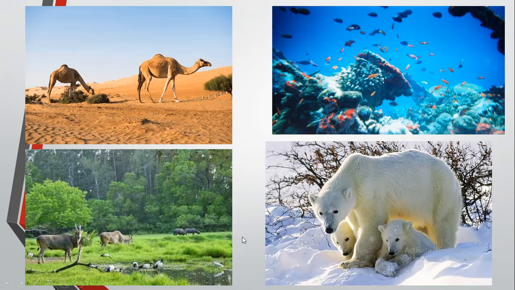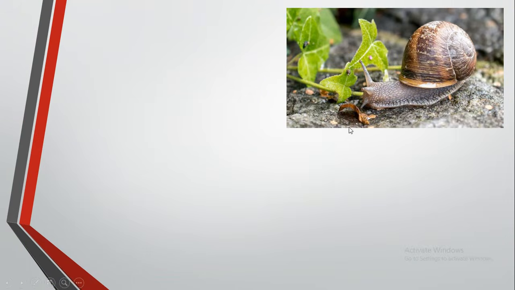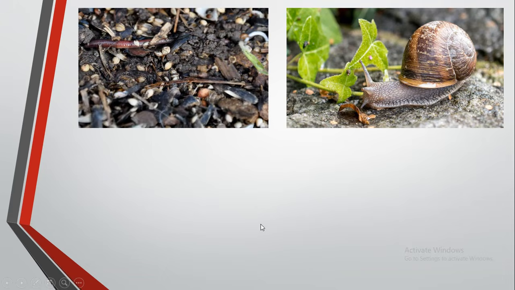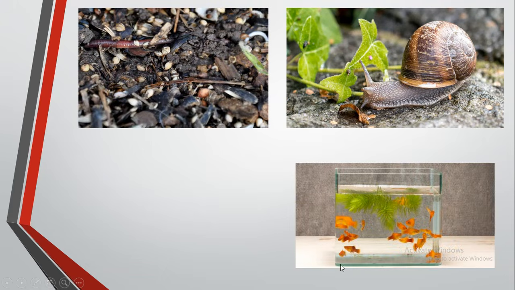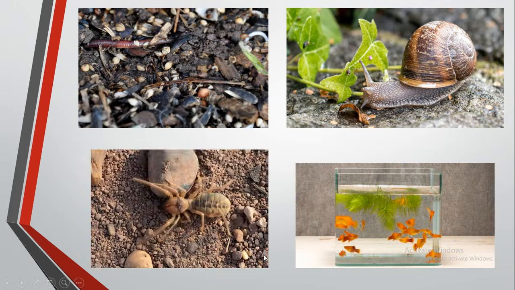So environments can be big or they can be small, like this fish tank. This is also an environment. It includes living and non-living things.